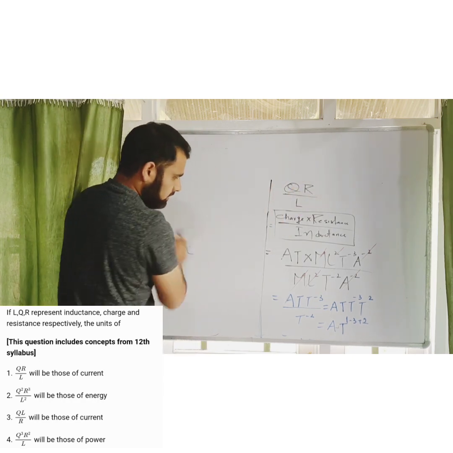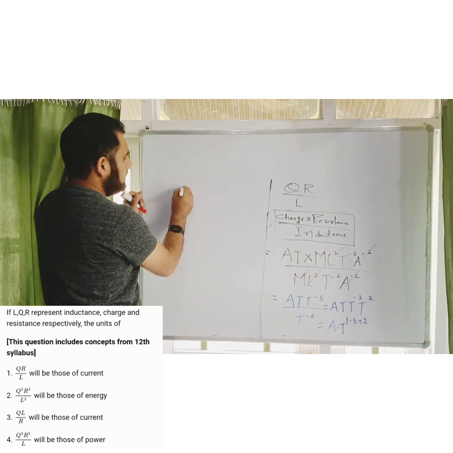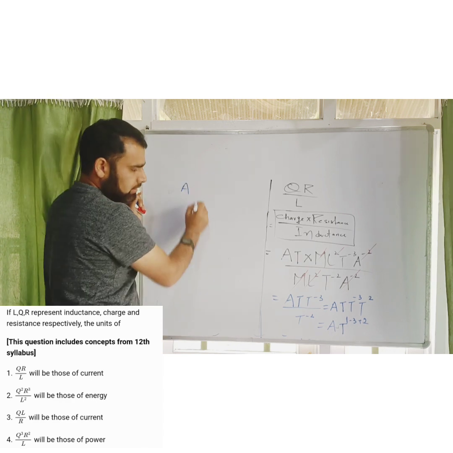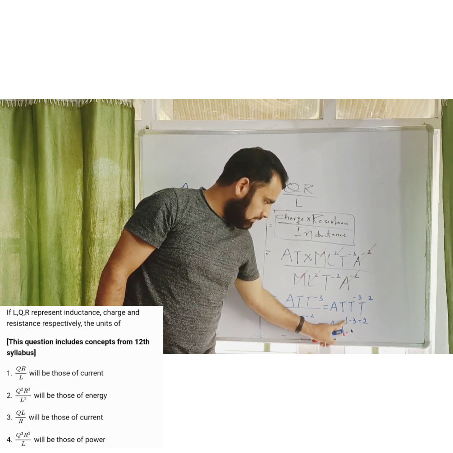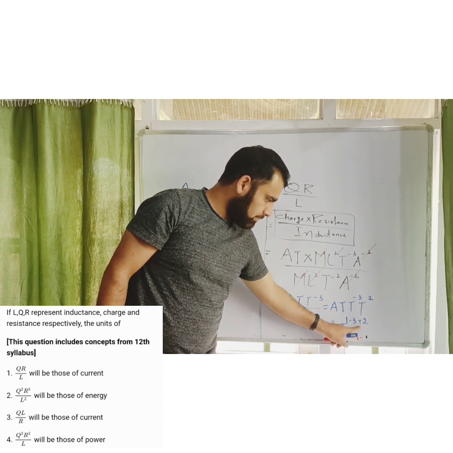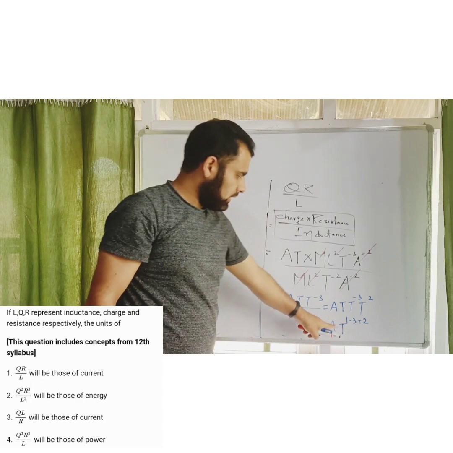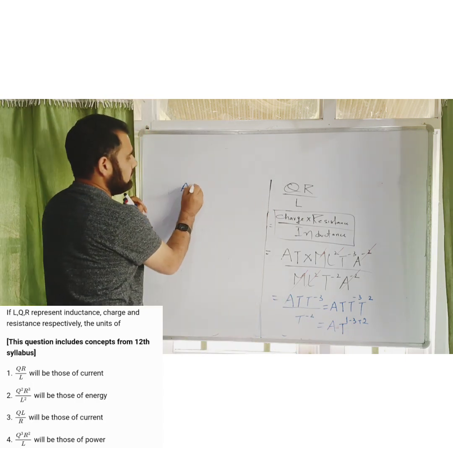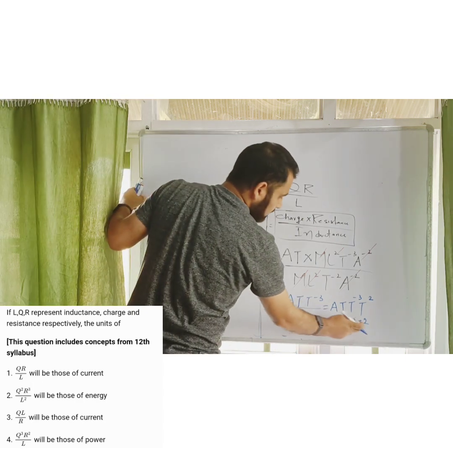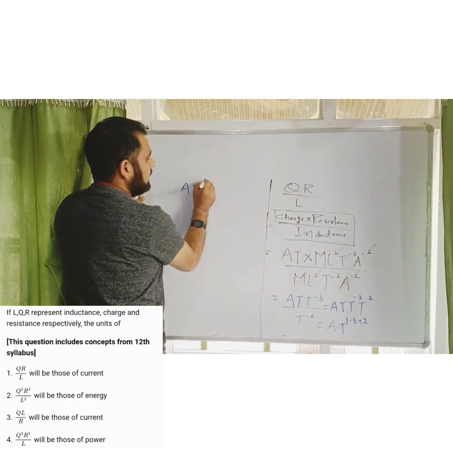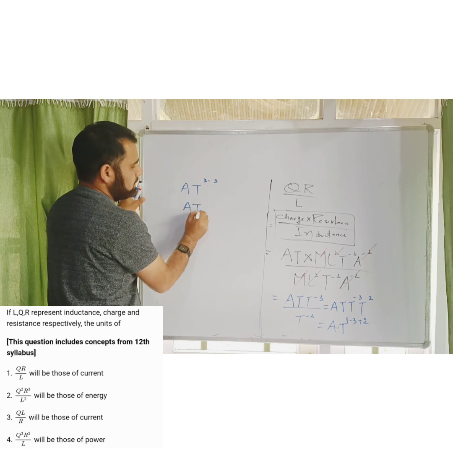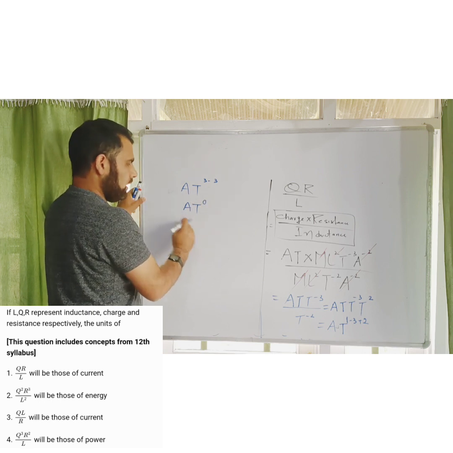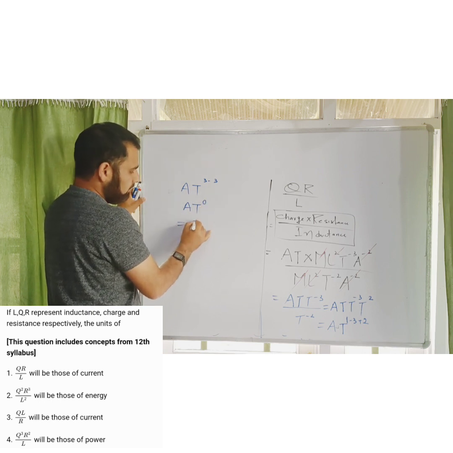Continuing this, it is A, T raised to the power 1 minus 3 plus 2. Now 1 plus 2 is 3, so 3 minus 3. So it is A into T raised to the power 3 minus 3, which is 0. Anything raised to the power 0 is 1. So we are left with A.